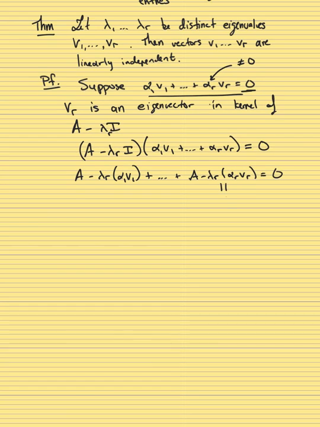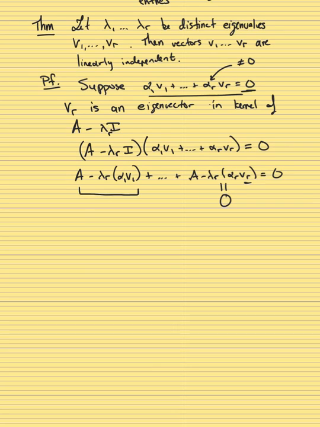This term is equal to 0 because vr is a lambda r eigenvector. On the other hand, all of the other terms have corresponding eigenvalues which are distinct from lambda r.